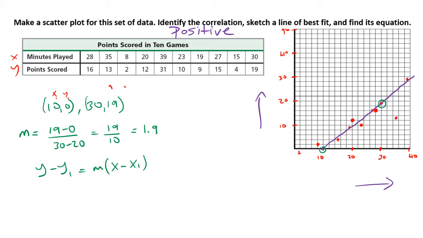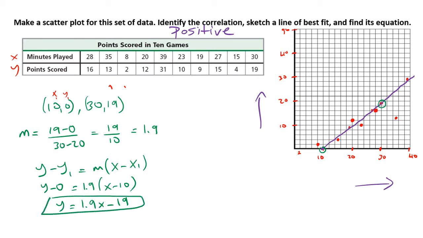We would have y minus 0 is equal to 1.9 times x minus 10. So y is equal to 1.9x minus 19. 1.9 times 10 made 19. It looks like we have found our equation in slope-intercept form.